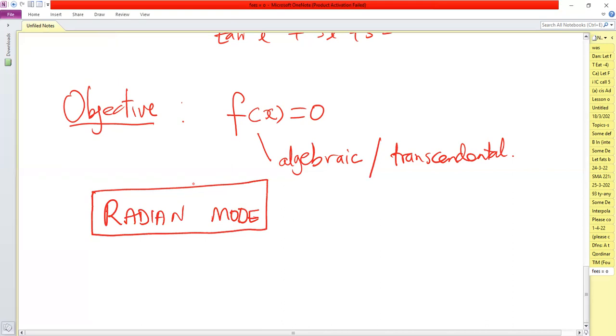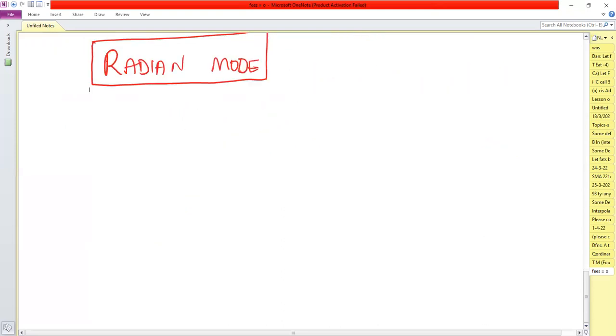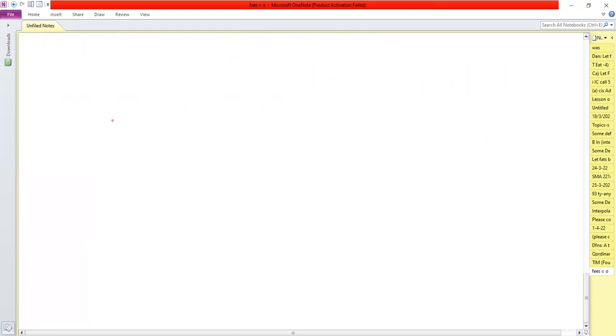So we define what we mean by a solution to such an equation. Definition of a solution: there are two ways of defining a solution to the equation f of x equals 0, either algebraically or geometrically.